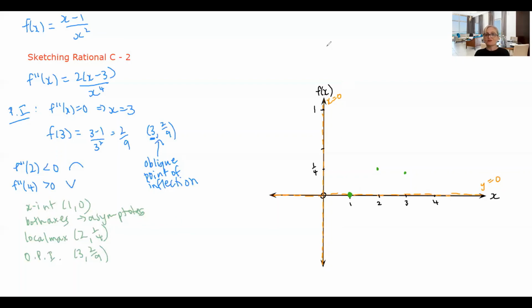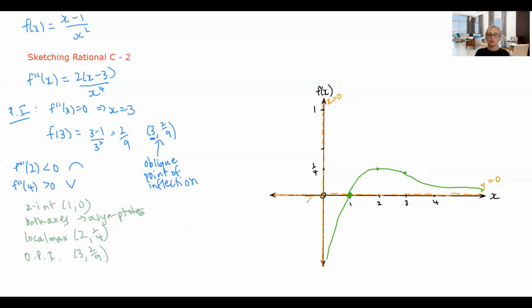That's why I suggest very strongly that you use a pencil. So we've got something like this, coming up to a local maximum. We're concave down, then we're concave up, then we're tending towards that line. That's acceptable, all right? Now, we don't have anything here, but this is where the asymptotic behavior really comes into play.